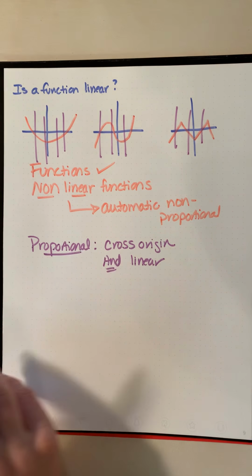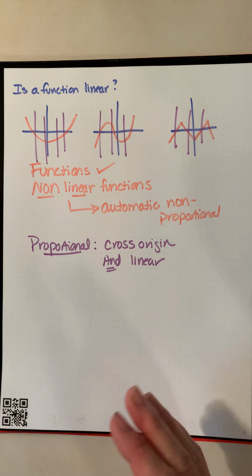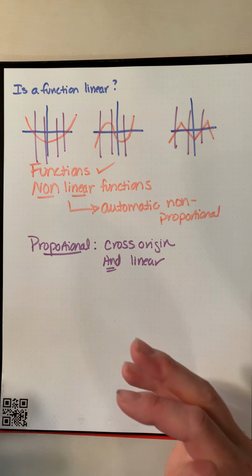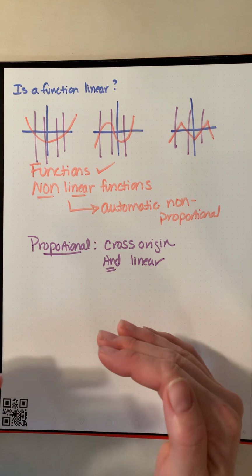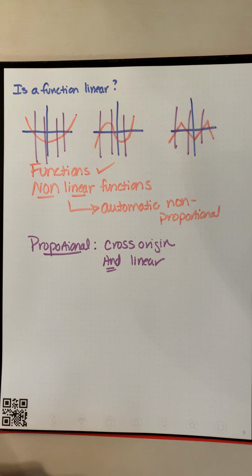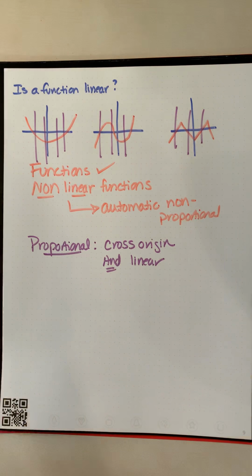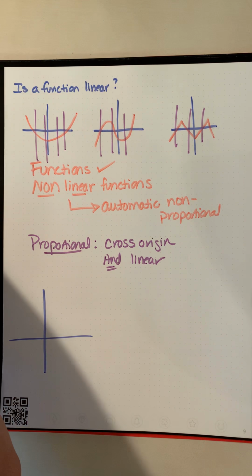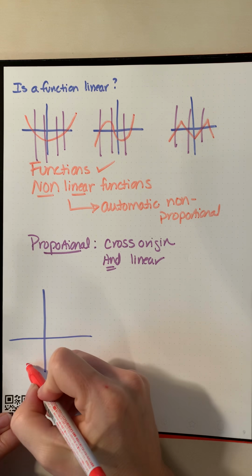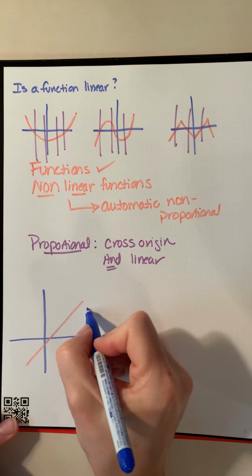Okay, so I want you to think about those facts as you're going through the homework today. It's like you're building these checklists of what's a function, what's not a function, and then is it a linear function or a non-linear function? And then if it is a linear function, is it proportional? Okay, so if I gave you something like this, and we drew this, we would say that this is a function.